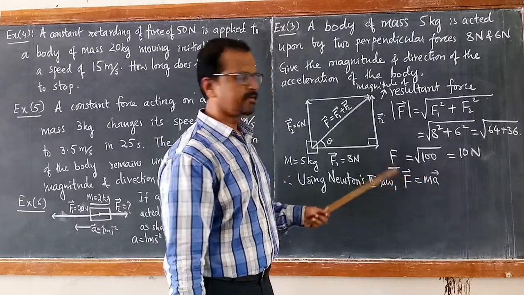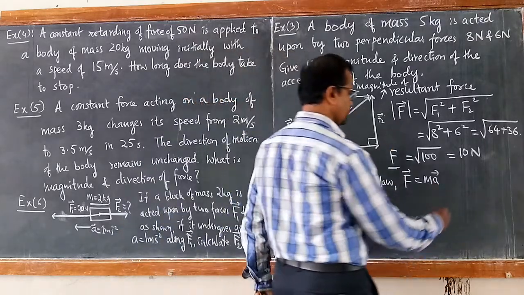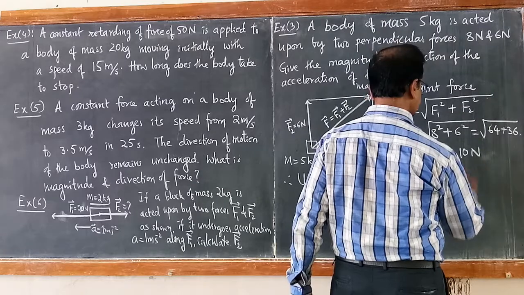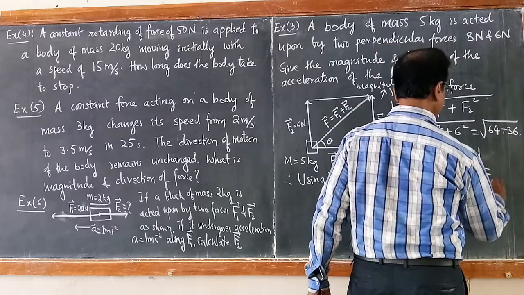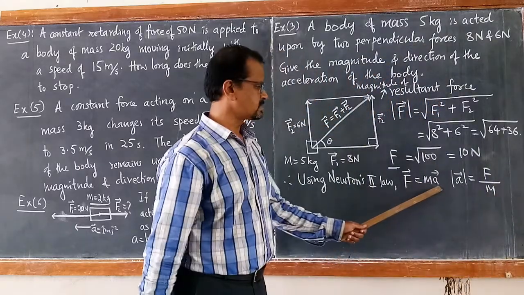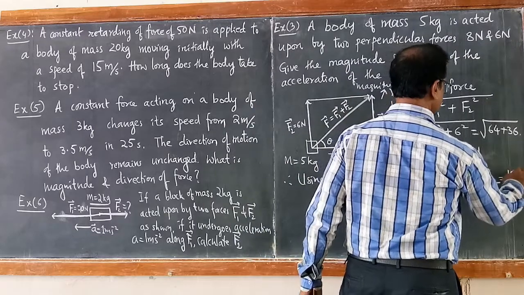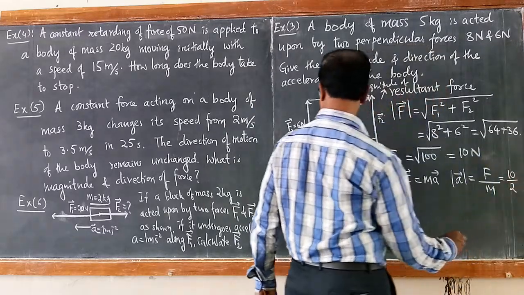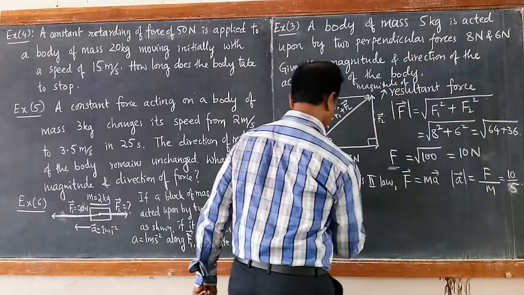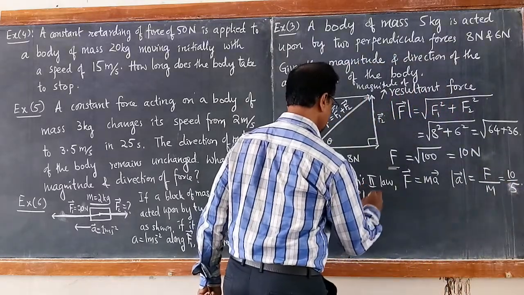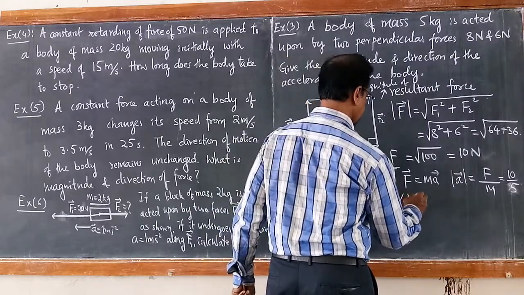Acceleration is also in the same direction as that of the force, according to Newton's second law. Therefore, magnitude of acceleration is equal to magnitude of force divided by mass. Force is 10, mass is 2 kg. I think 5 kg. Okay. Mass is 5 kg, so acceleration magnitude becomes 2 meter per second square.